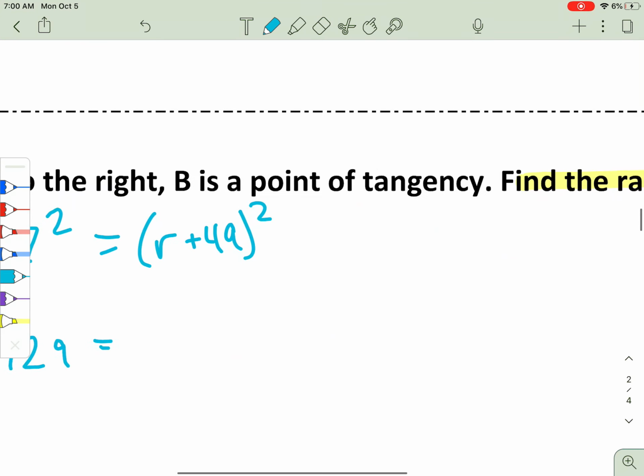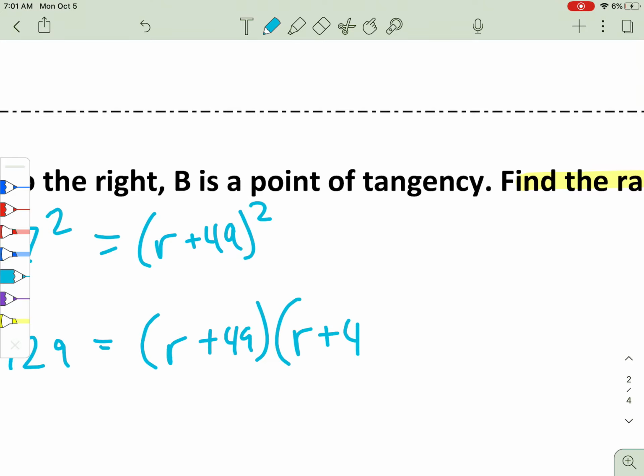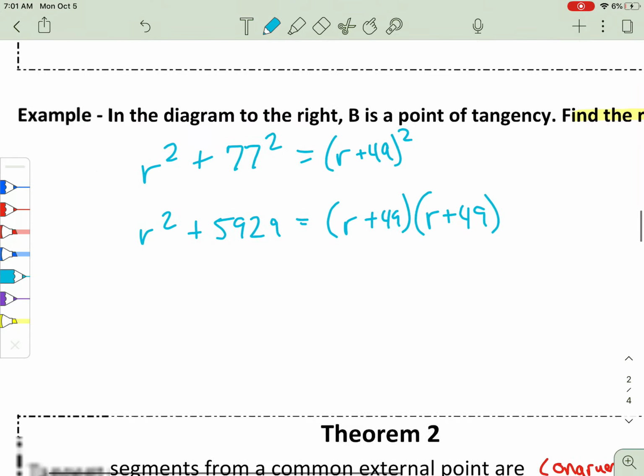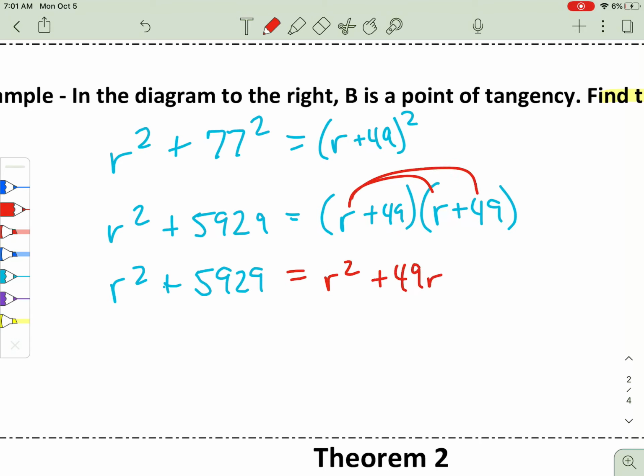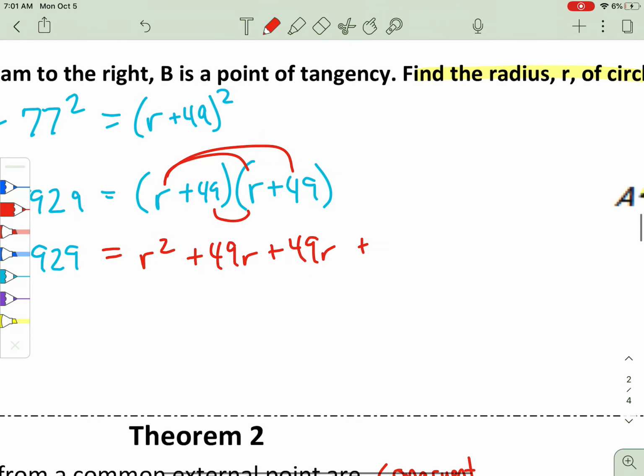And when you're squaring a binomial like this, we have to set it apart and say this is r plus 49 times r plus 49, right? So this is where we FOIL, if you remember back to freshman year. First, r times r is r squared, r times 49 is 49r, 49 times r is 49r, and 49 times 49 is 2,401.